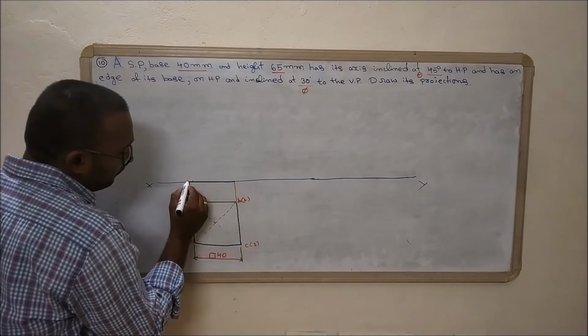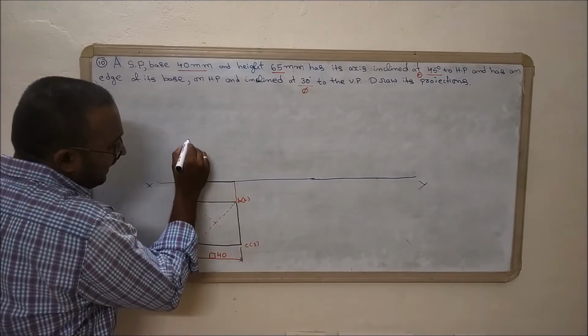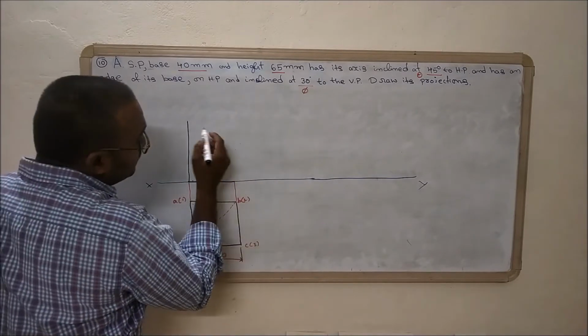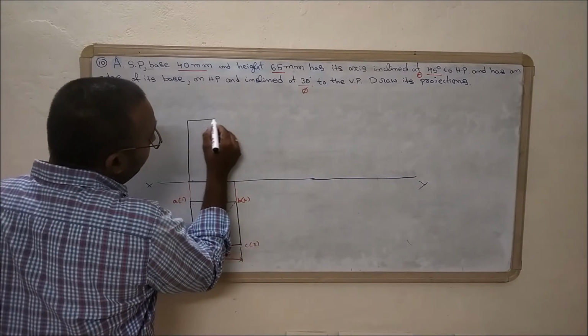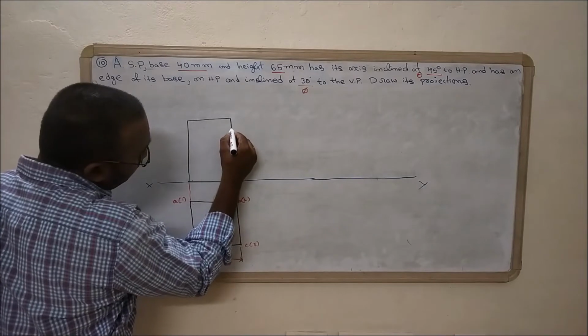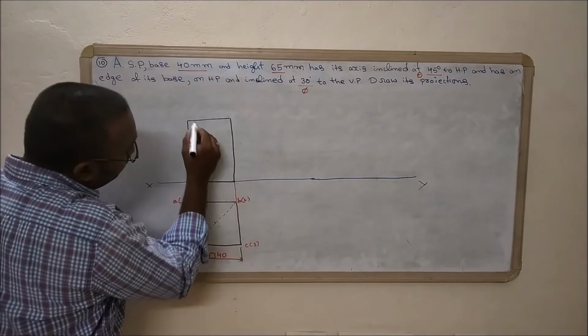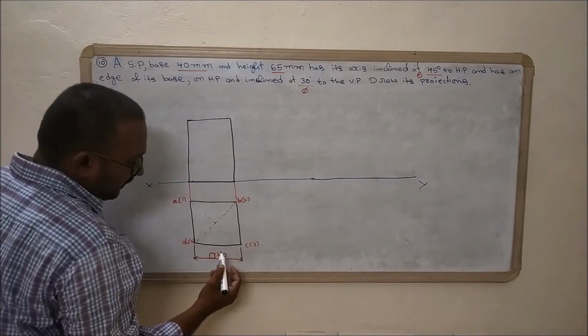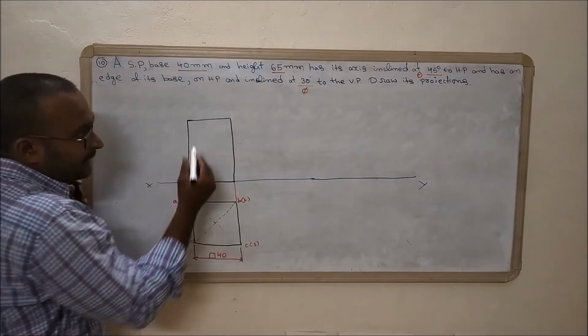Base edge, and then axis long is about 65 mm. And then here we will see only the first rectangle face.